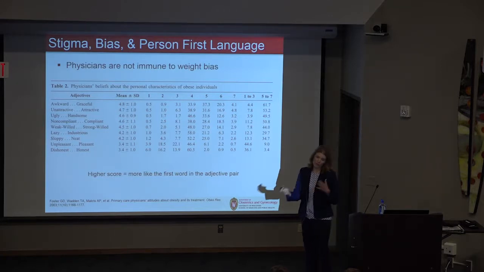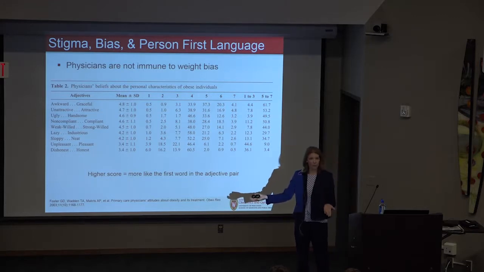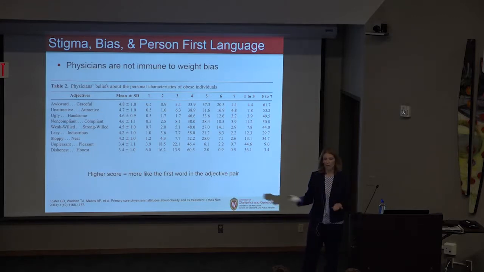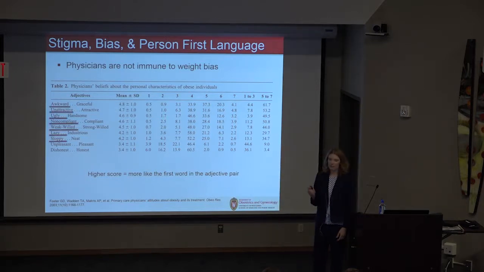Then this was from a different study where physicians were asked to rate characteristics of patients with obesity on a scale from bad terms like awkward to positive terms, with the higher term being the more negative term. Physicians were more likely to rate patients with obesity as being awkward, lazy, negative terms, although they did rate such patients as being more pleasant and honest.